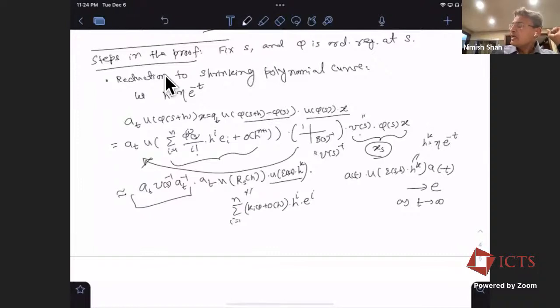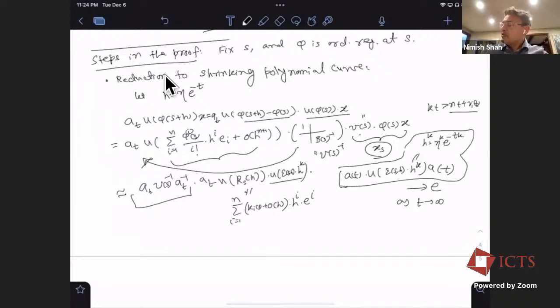So h to the power k is kt, and kt is bigger than nt plus r1t. So it's bigger than all those expansions. So when you expand it, it's going to go to identity. So this part will not matter, and it's going to be a polynomial like this. So really, this will also go to identity because this is lower.